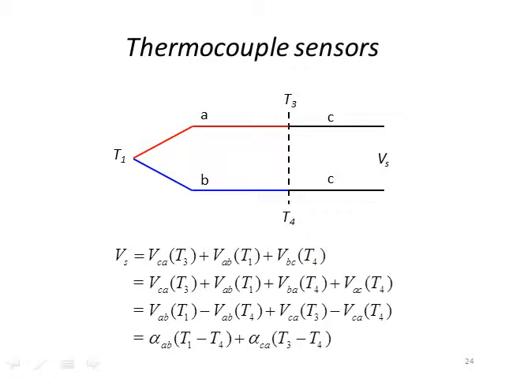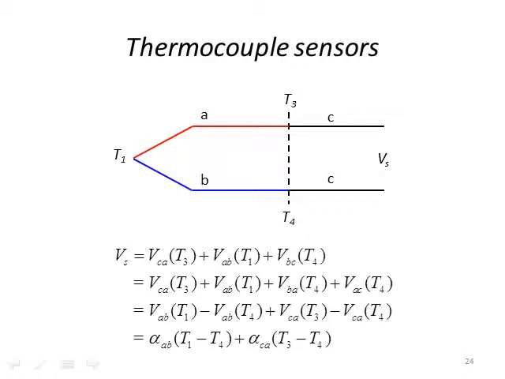How can we determine what the output voltage will be with respect to temperature T3, T4, and T1? So essentially what you do is you take the voltage drop VCA at T3 plus VAB at T1 plus VBC at T4.